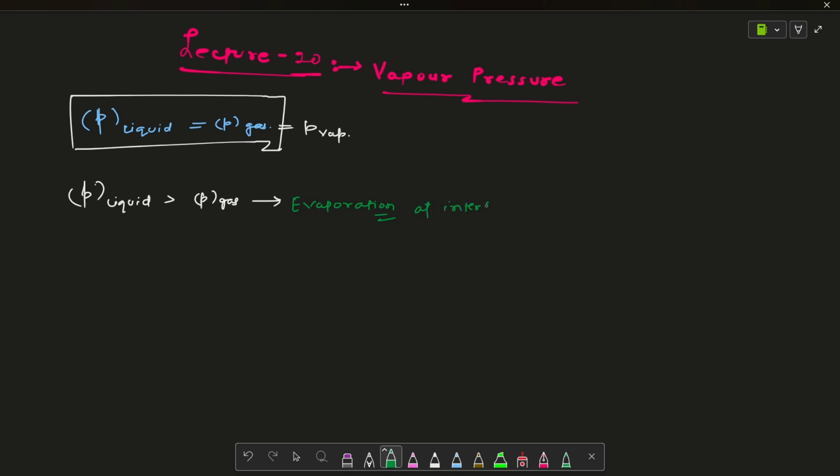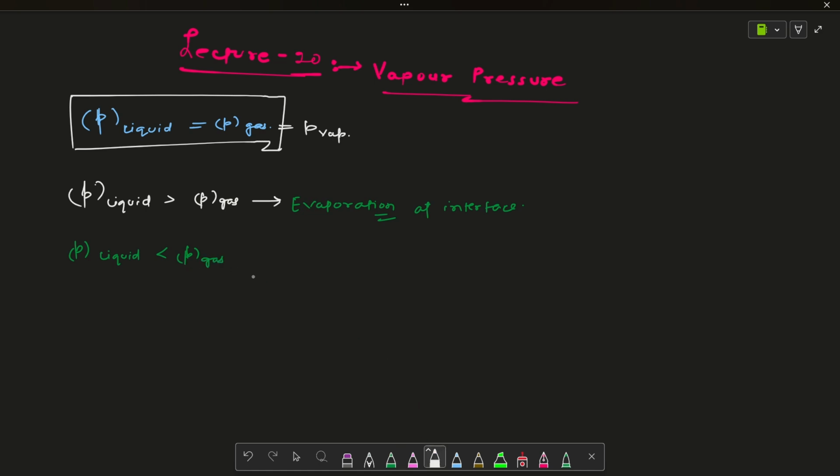If you studied evaporation in your school days, you learned that even when the water is not at 100 degrees Celsius, it starts evaporating. The water is getting lost in the atmosphere. In that case the pressure of the water is greater than the pressure of the gases, that means the pressure inside the water is larger than atmospheric pressure. That exchange between the liquid and the gas is known as evaporation.